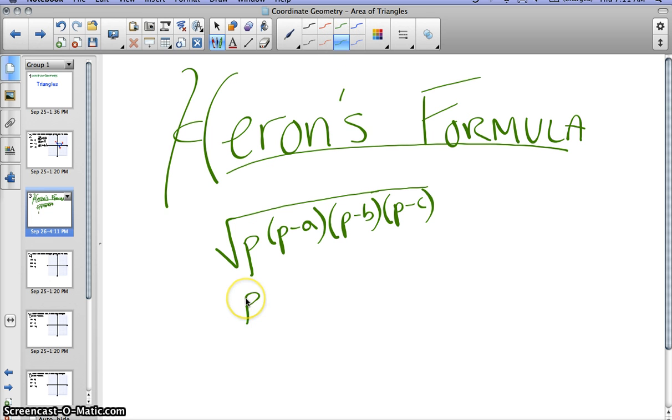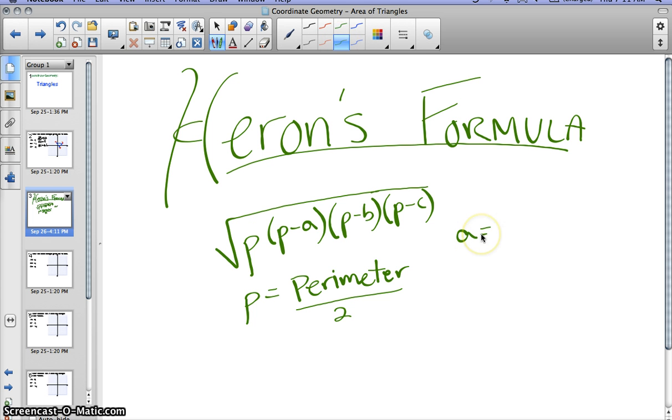So again, you're going to want to write down the formula, and then write down what each one means. P stands for the perimeter divided by 2. Okay, that's the key. If you use just the perimeter itself, none of these will come out correct. You have to divide the perimeter in half.